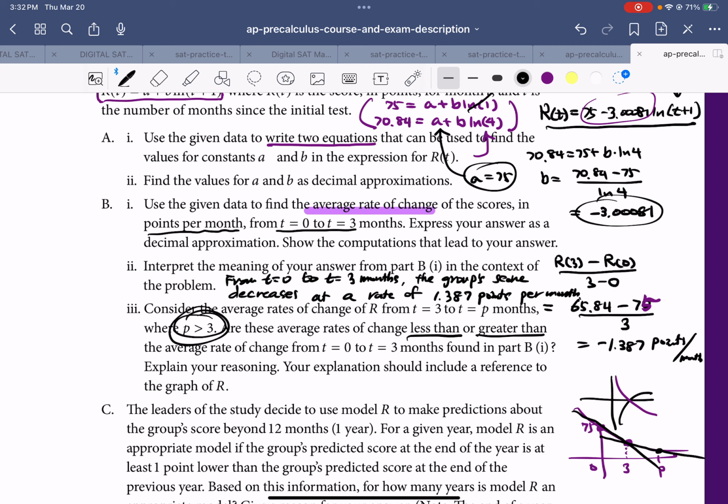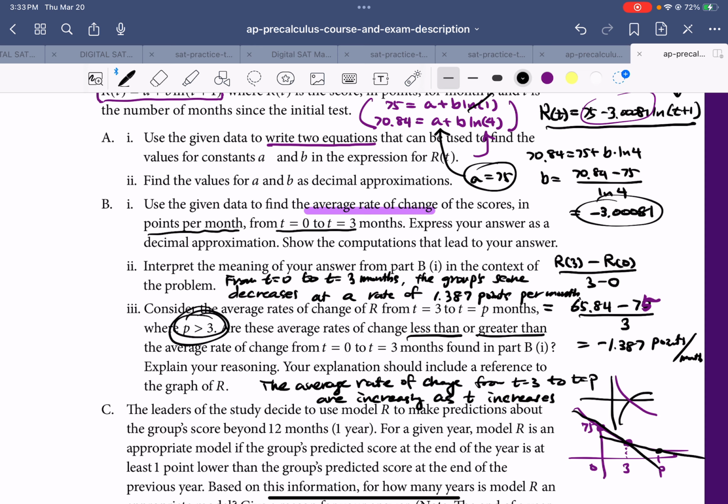So for the answer, you have to say the average rate of change from t equals 3 to t equals p is increasing as t increases.